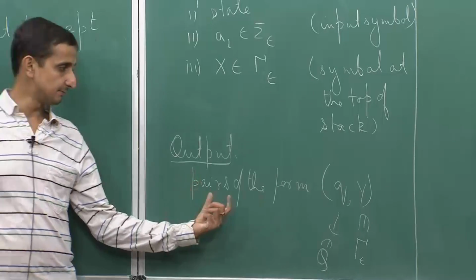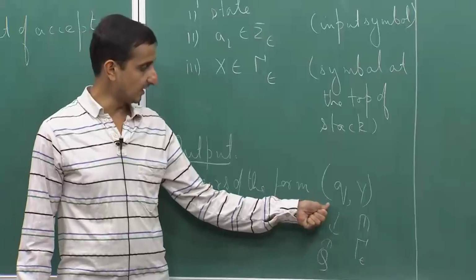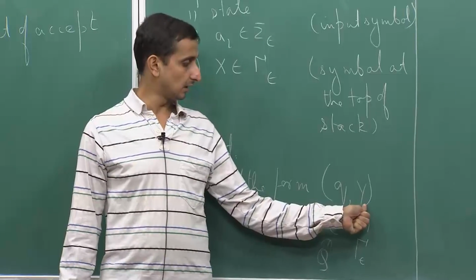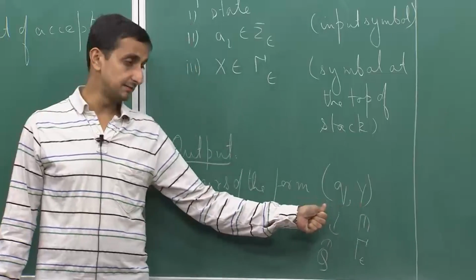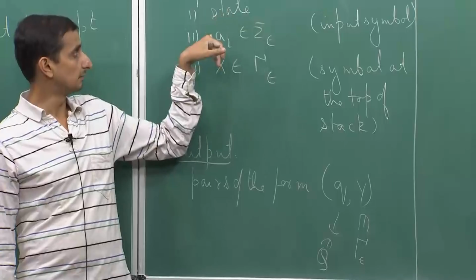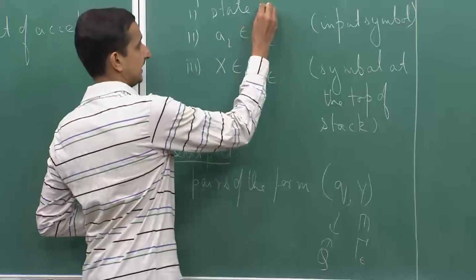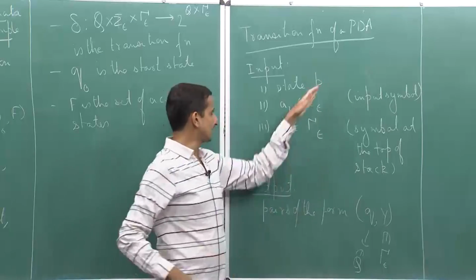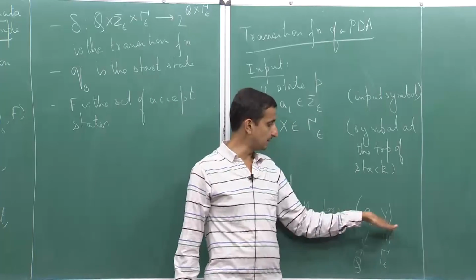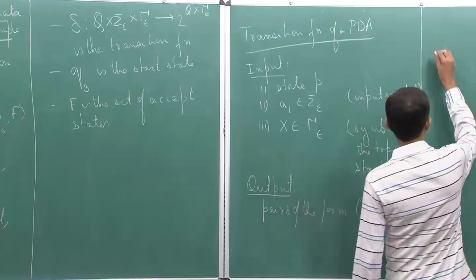It can output not just one state and stack symbol pair. Given, let us say, p, ai and x, it can actually output multiple q comma y. This is because of the non-determinism.